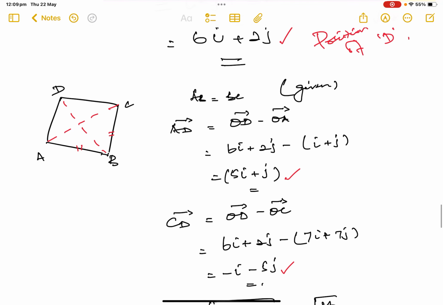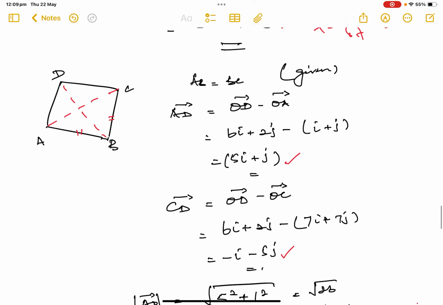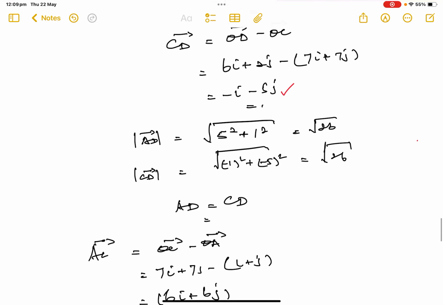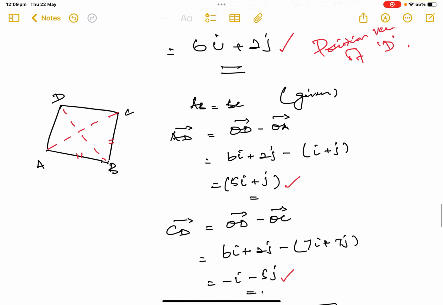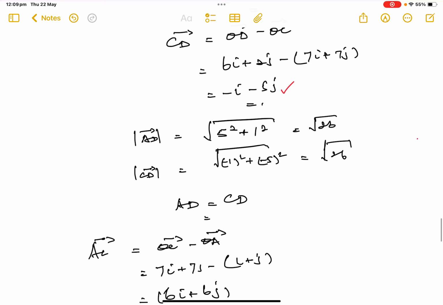The modulus of AD is the square root of 5 squared plus 1 squared, which is root 26. The modulus of CD is the square root of minus 1 squared plus minus 5 squared, which is also root 26.